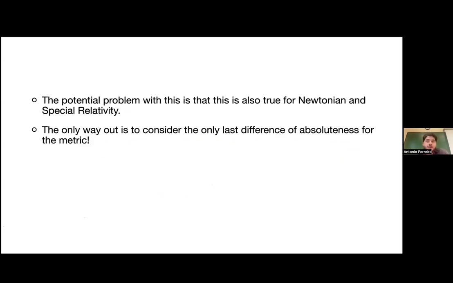Now, one can argue, yeah, that's completely true, but that doesn't help at all, because Newtonian physics and special relativity can be defined in exactly the same way. So we have fulfilled one dream of Einstein, which was relativizing in this sense the spacetime structure, because historically one can find texts where he actually argues that the metric is nothing special. The metric is just another field, like the electromagnetic field, and they can have the same category if you want to think about it. But of course, as I say, this does not make GR special.